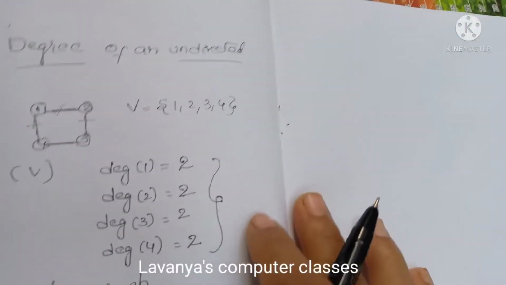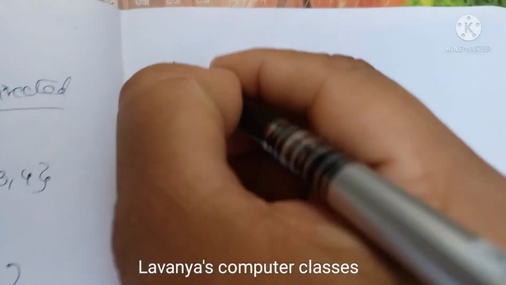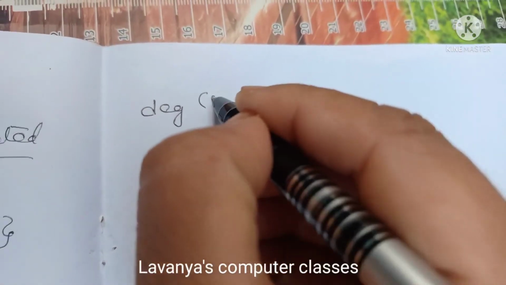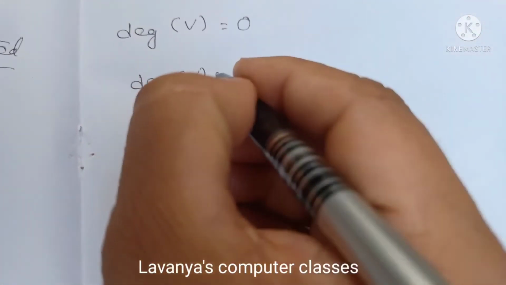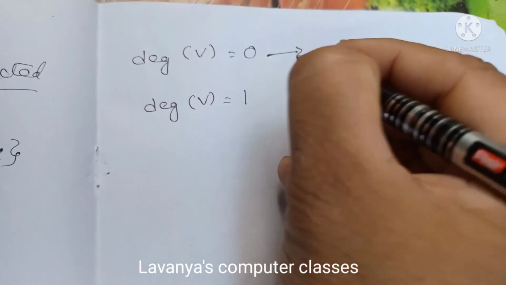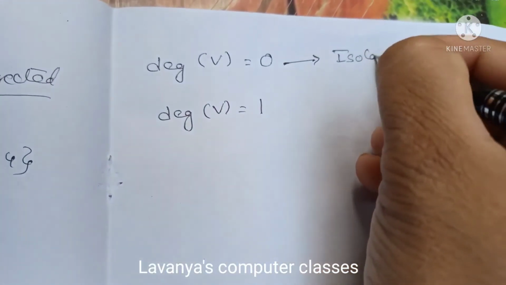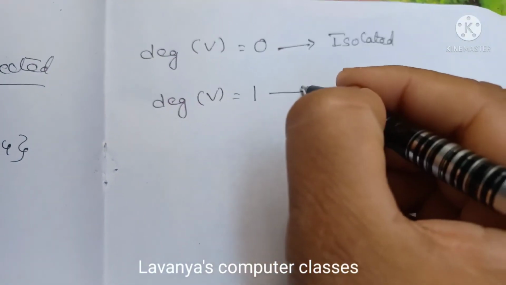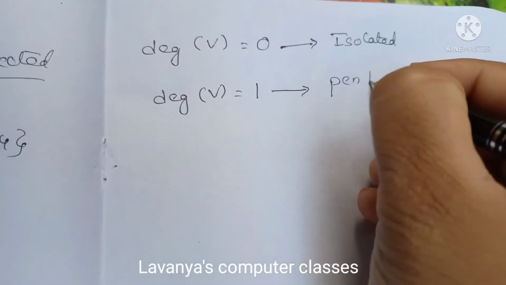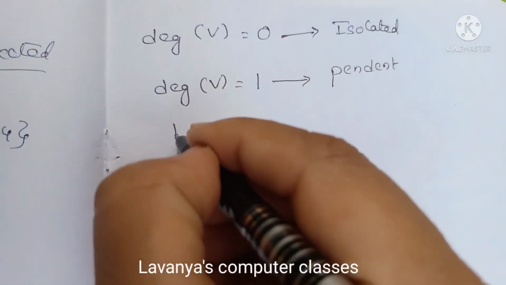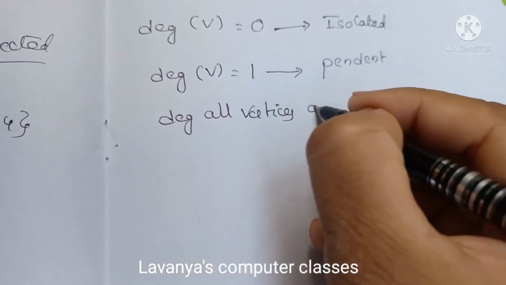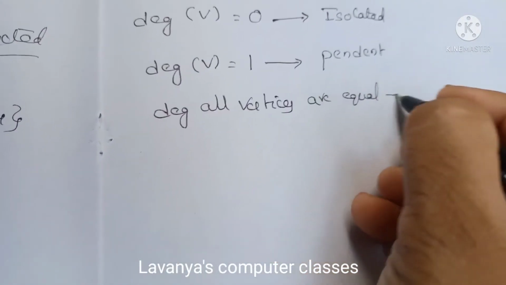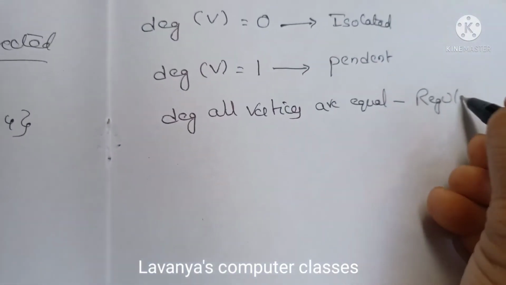So, in the degree of an undirected graph, the degree of a vertex is either 0 or 1: a vertex of degree 0 is called isolated, and a vertex of degree 1 is called pendent. If the degrees of all vertices are equal, then it is called a regular graph.